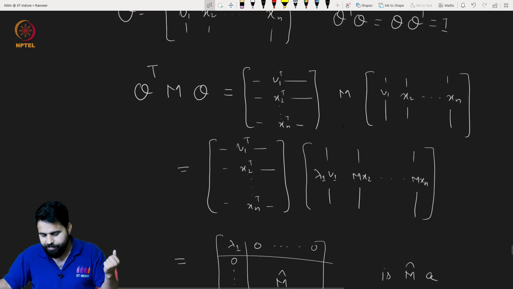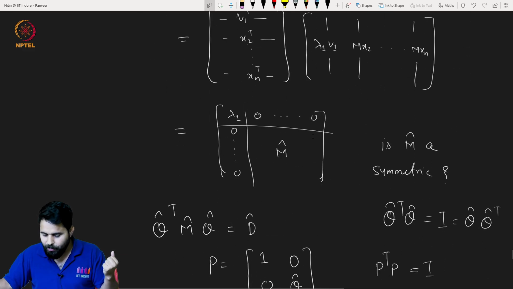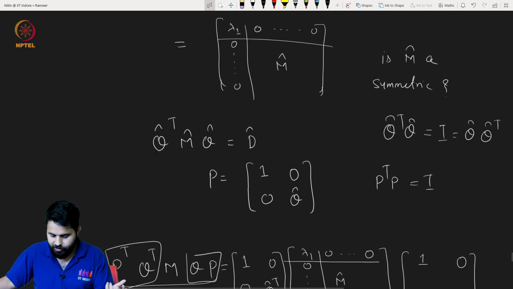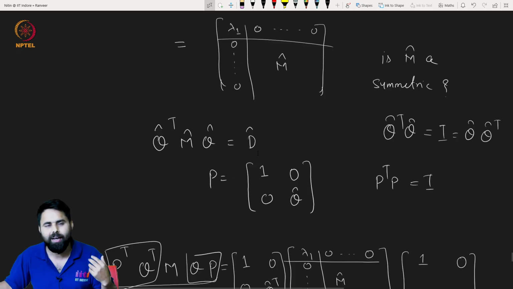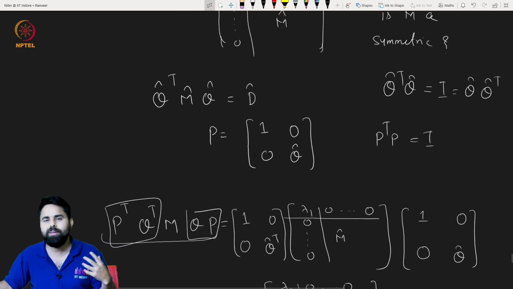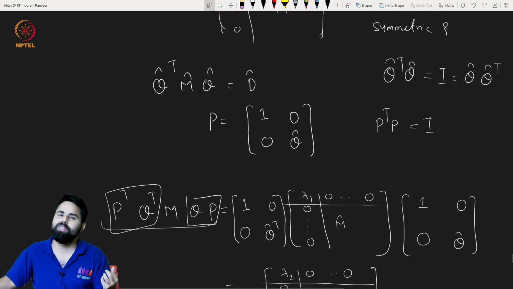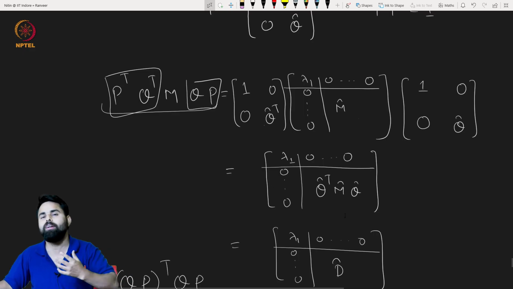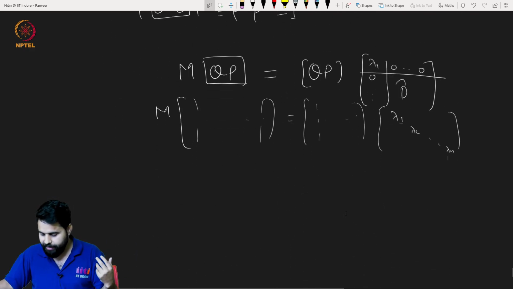Then it was coming out to be this matrix, and here I made use of the induction hypothesis for M dash. So there exist Q hat and D hat so that this is true. And then we indeed found an orthonormal matrix, QP, which gives another diagonal matrix, which is again n cross n. In that diagonal all the eigenvalues of M are there.